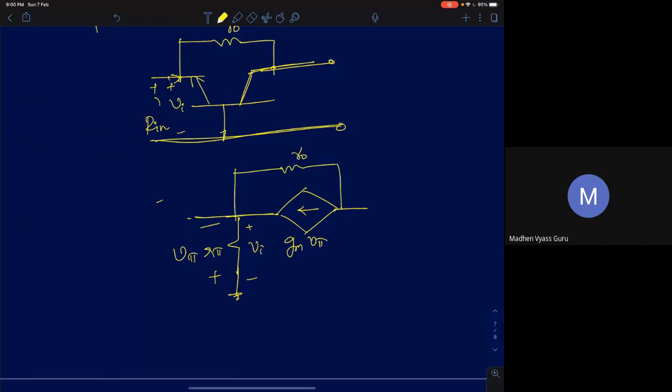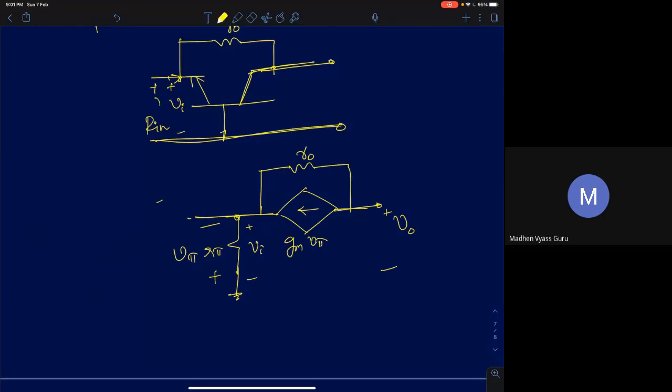R naught is in parallel across this, and Vout is open. Now, what do you think is the input resistance? You can even apply a simple KCL and tell the answer. Let me redraw the circuit this way. This is R naught. Is that okay? It's only R pi.